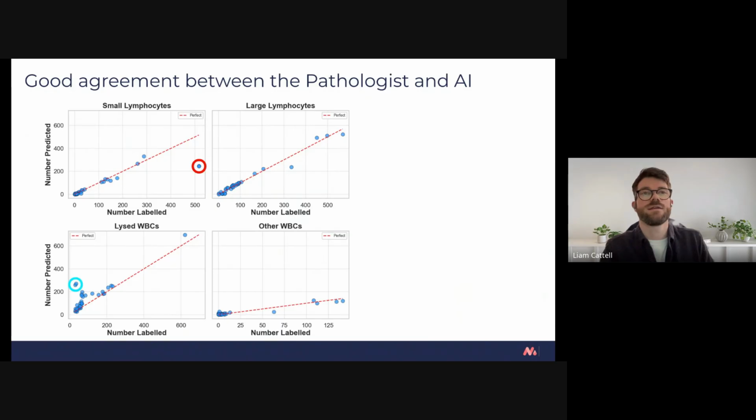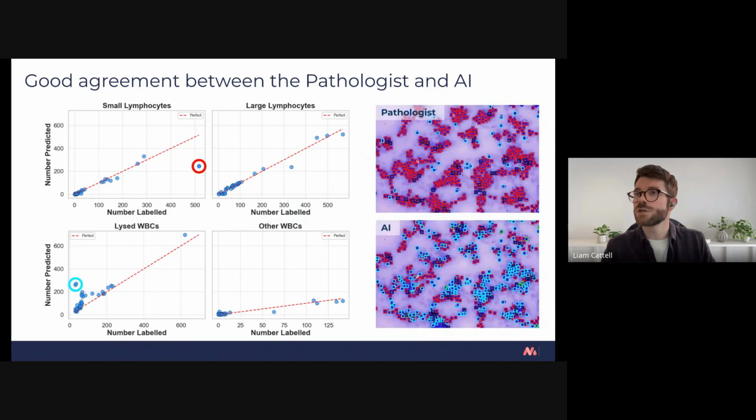If you hit next again, what I wanted to show was what that outlier actually looks like, and highlight a feature of the AI. The AI has a tendency, when it's unsure, to identify cells as lysed rather than trying to call it as a large lymphocyte or a small lymphocyte.